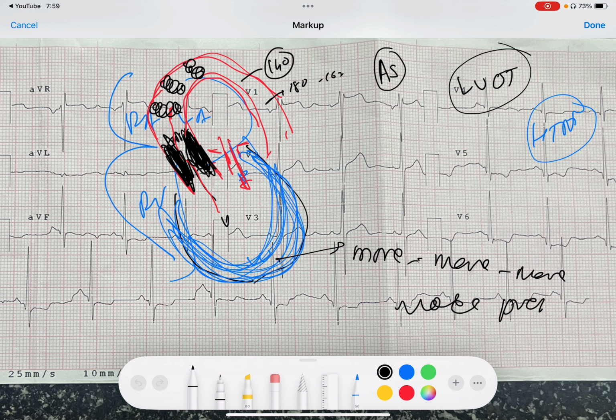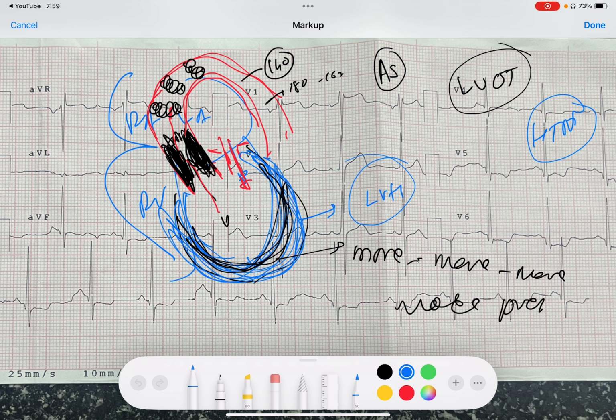That again puts more pressure on the left ventricle. More pressure means the LV is doing gym throughout the day, 24/7. When we do gym, muscle definitely goes into hypertrophy. That is the reason the patient gets left ventricular hypertrophy.